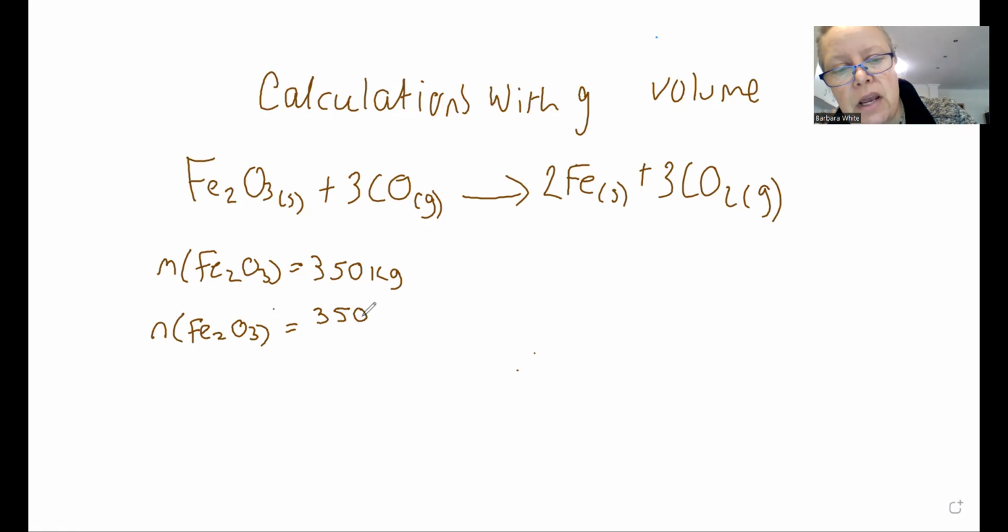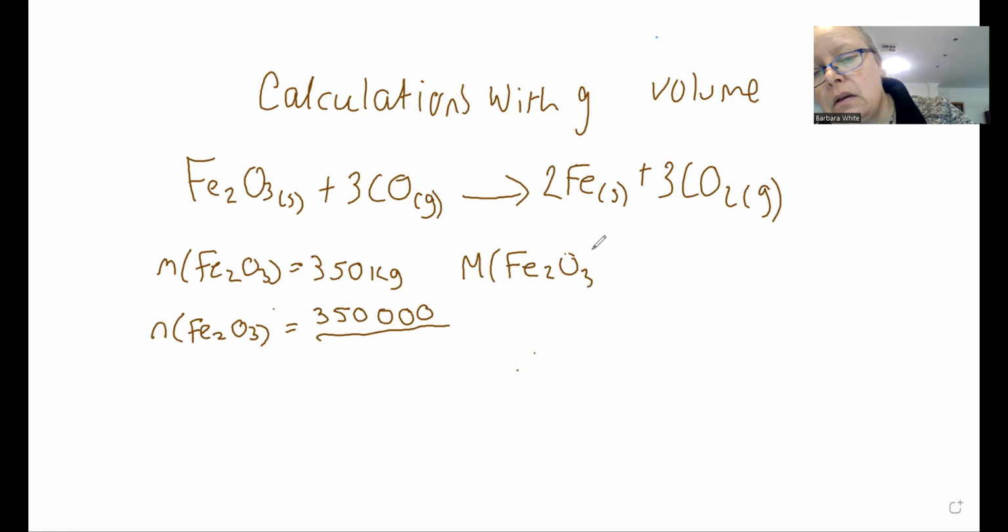A kilogram is 1,000 grams. So let's just put this straight into grams. Over the molar mass, let's work out the molar mass of iron oxide. 159.7 grams per mole.